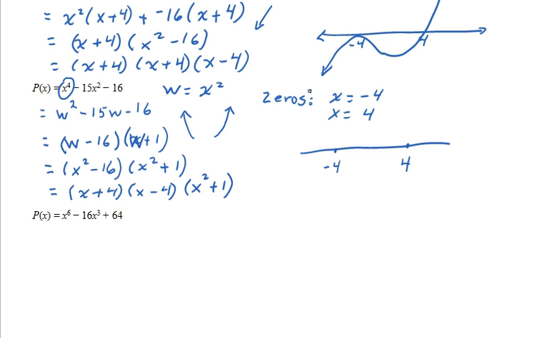So we're going to come from above the smallest of the x-intercepts, cross over, and go back through the other x-intercept.